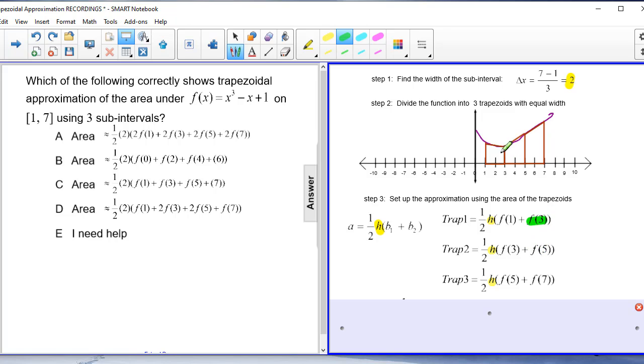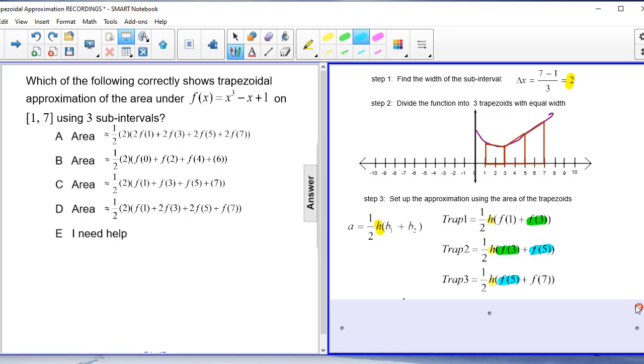That's the height of that last leg. Trapezoid number 2, the height of its first leg starts at f of 3 and ends at f of 5. But trapezoid number 3, the height of its first leg starts at f of 5. So we have a bit of an overlap.